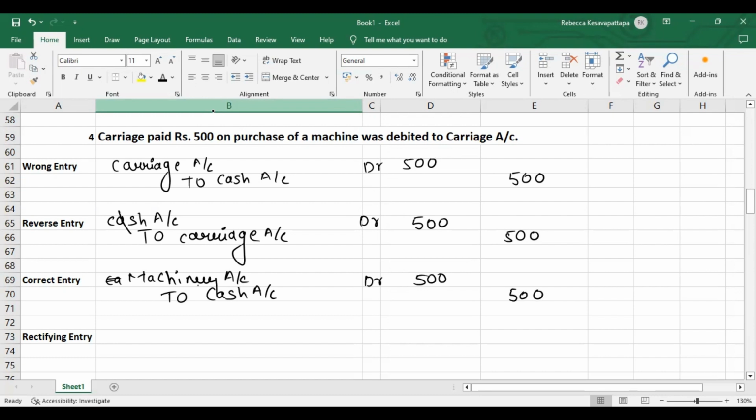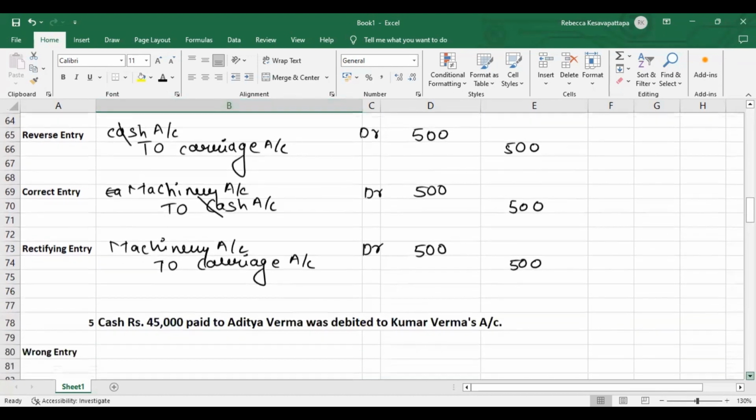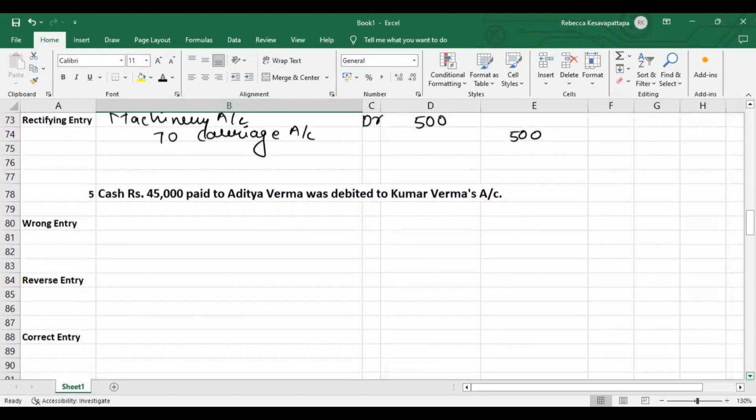What should be the rectifying entry? Machinery account debit to carriage account. That's done. Now the fifth example.